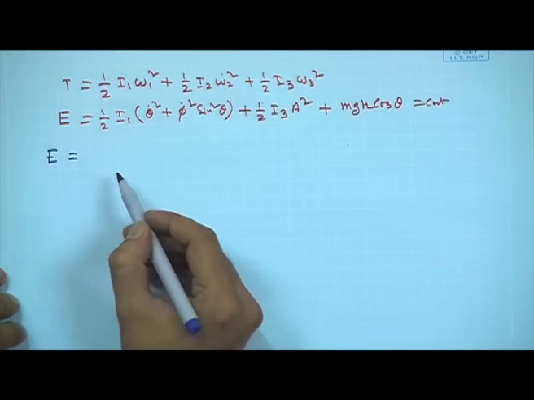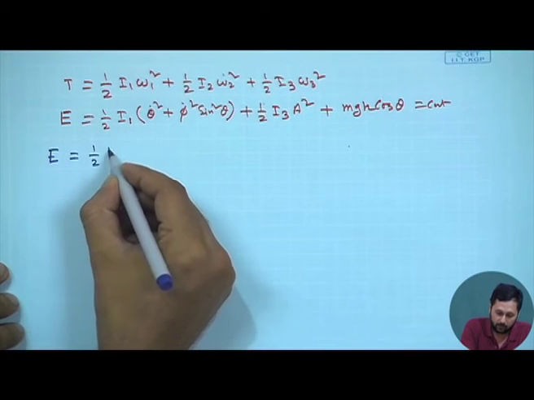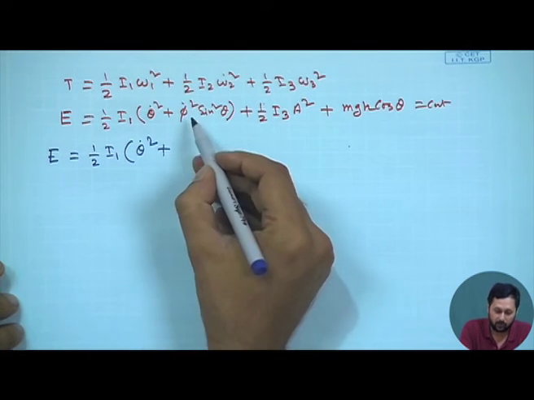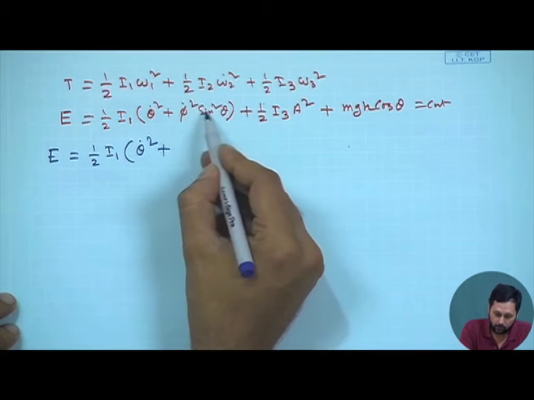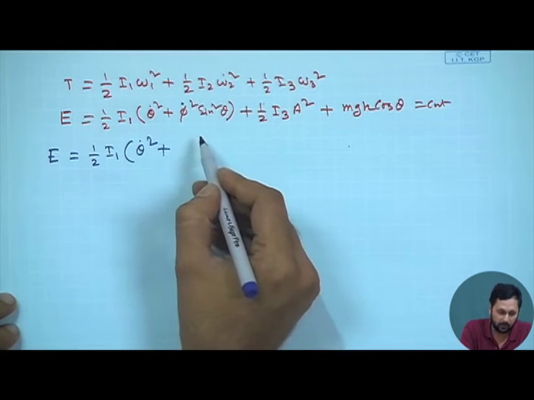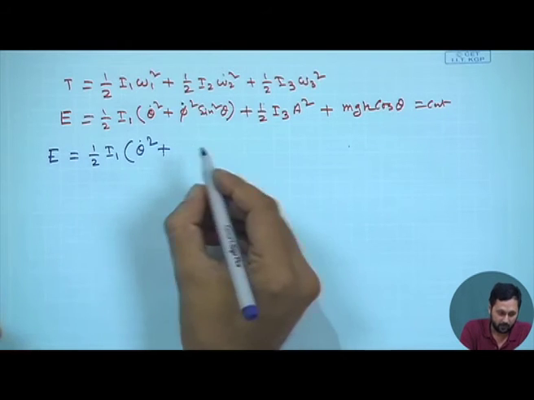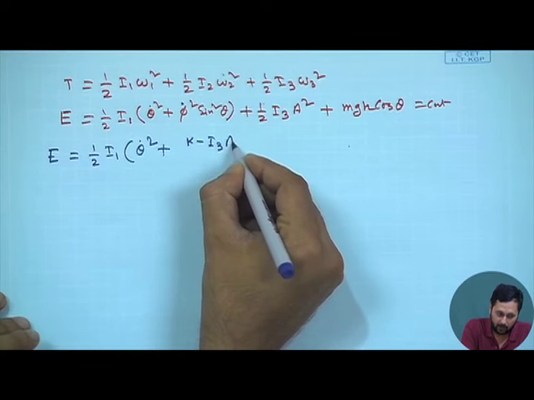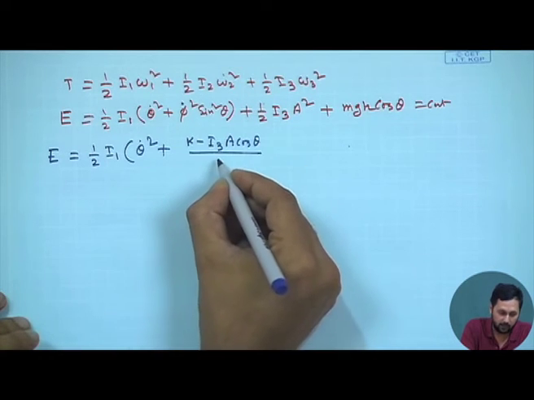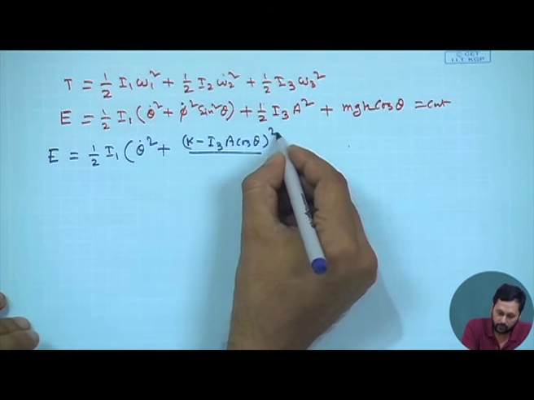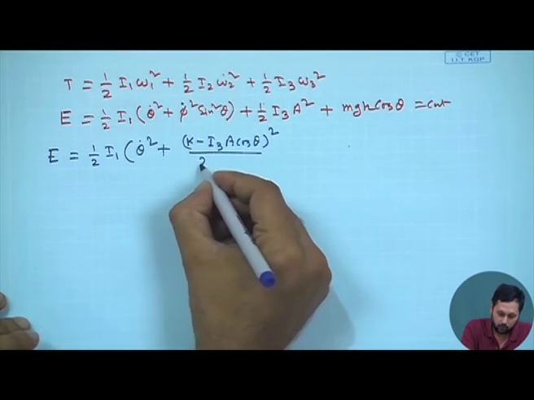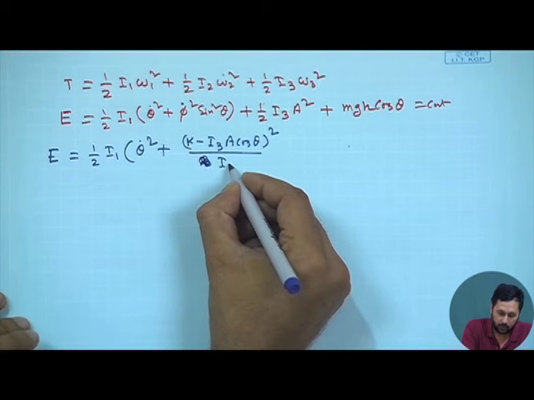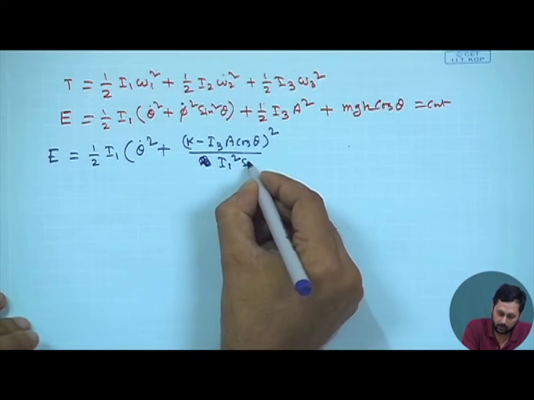The first one is by writing E, which is half I1 theta dot square. See, theta dot square stays theta dot square, plus what we are going to do is, we are going to write phi dot square sin square theta in terms of K and A. So, if we do that, it will be K minus I3 A cos theta whole square by I1 square sin square theta.